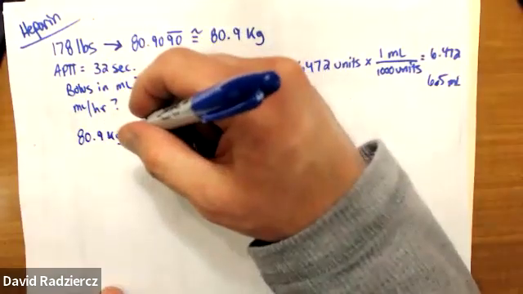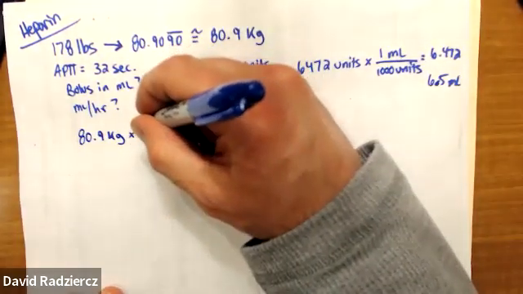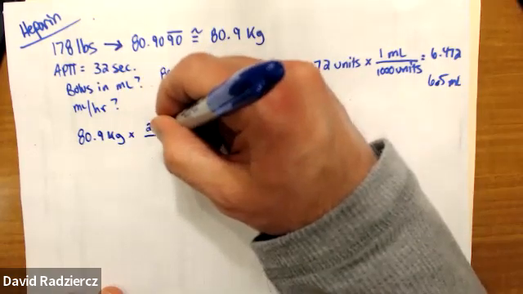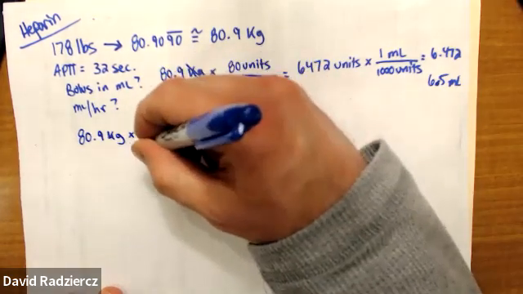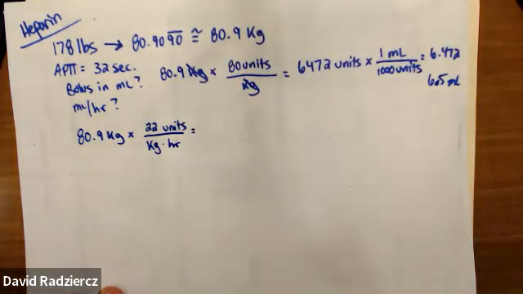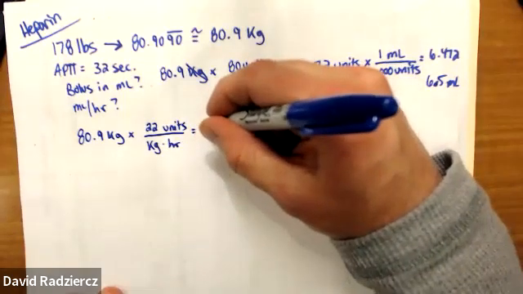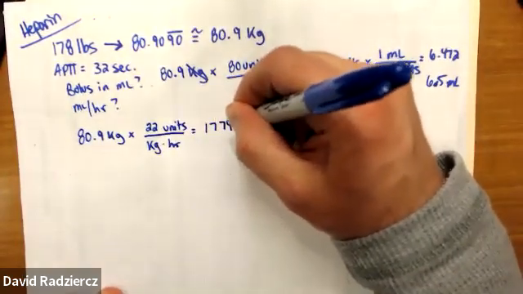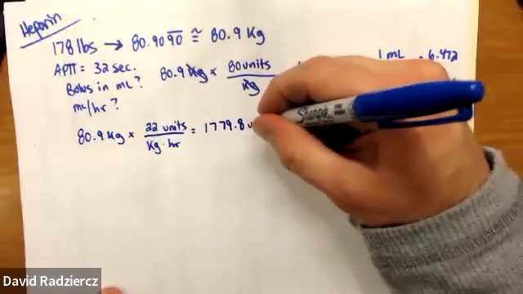So 18 plus 4 is going to be 22 units per kilogram per hour. And 80.9 times 22 is going to be 1,779.8 units per hour.